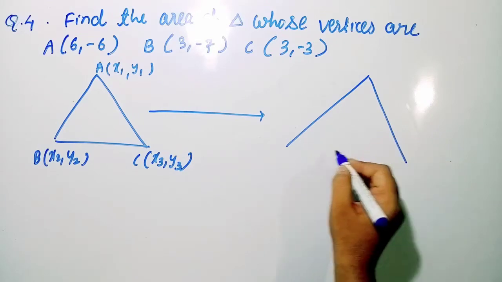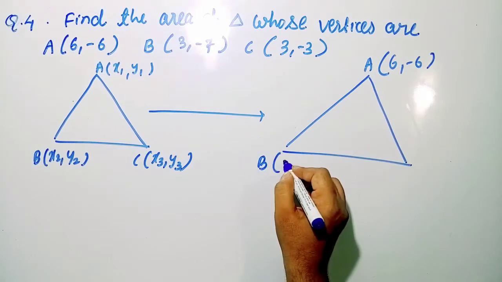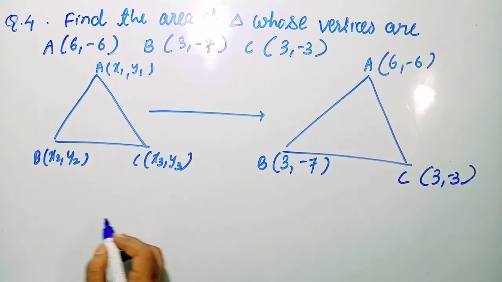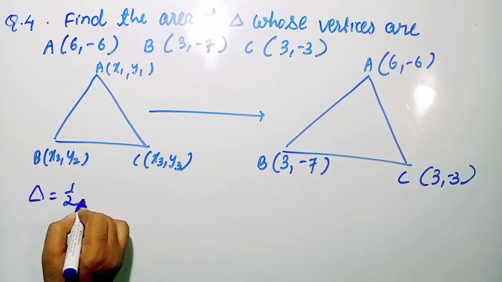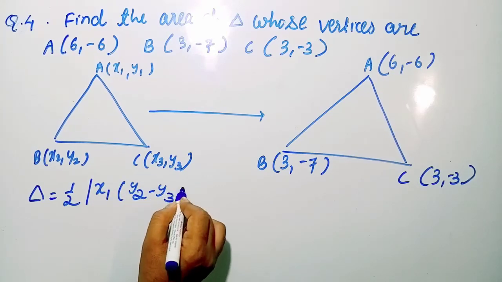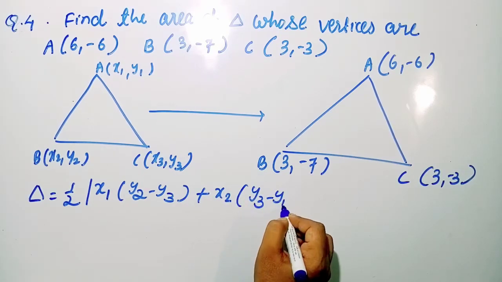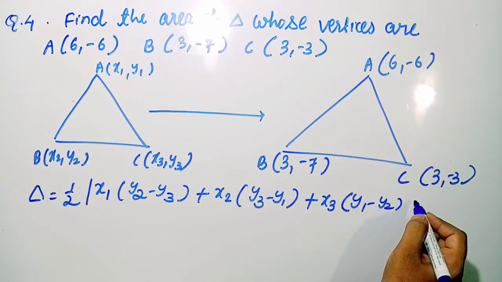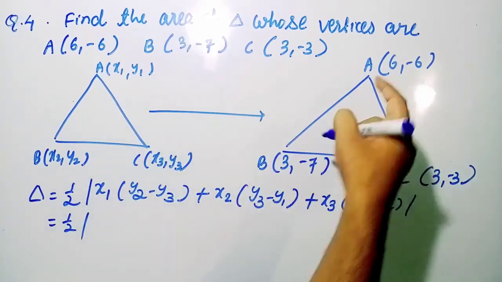Now applying the formula of area of triangle: 1 by 2 modulus x1 (y2 minus y3) plus x2 (y3 minus y1) plus x3 (y1 minus y2).